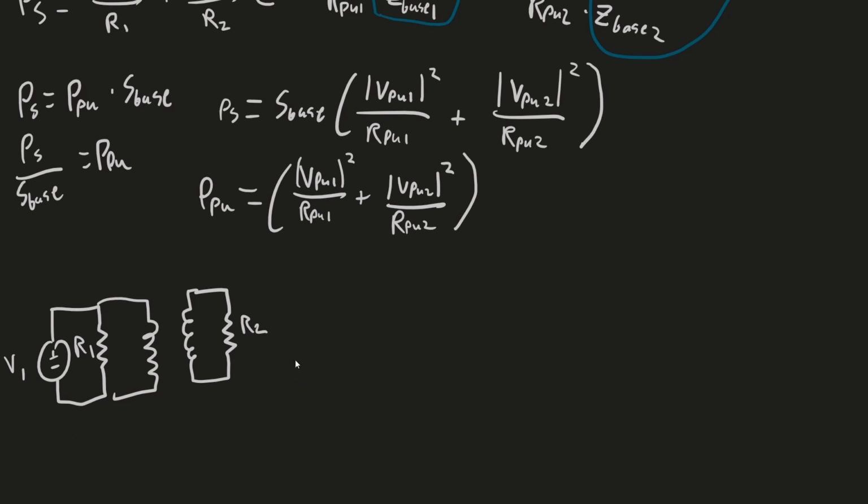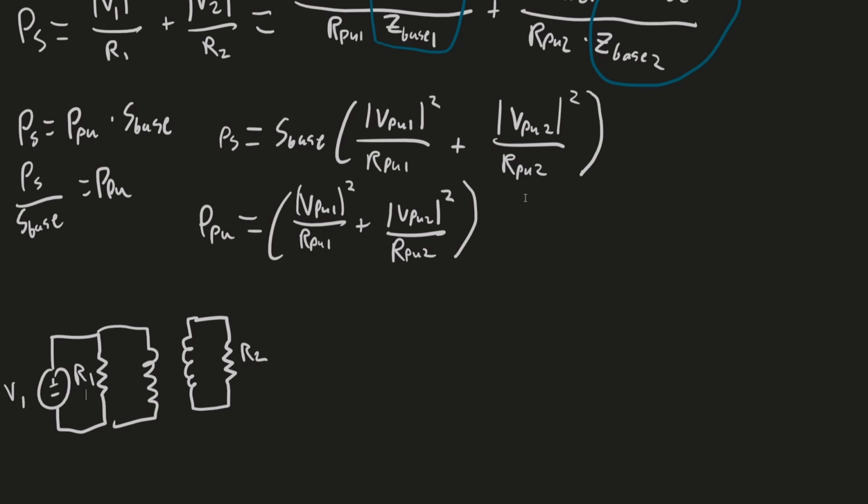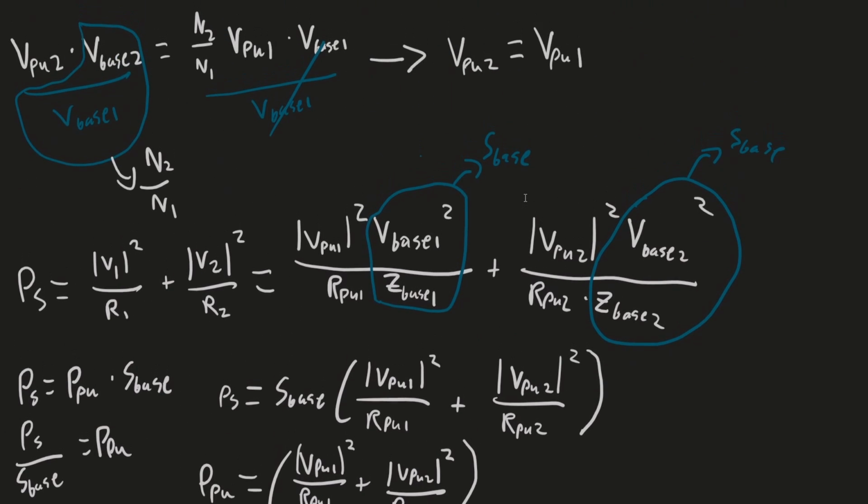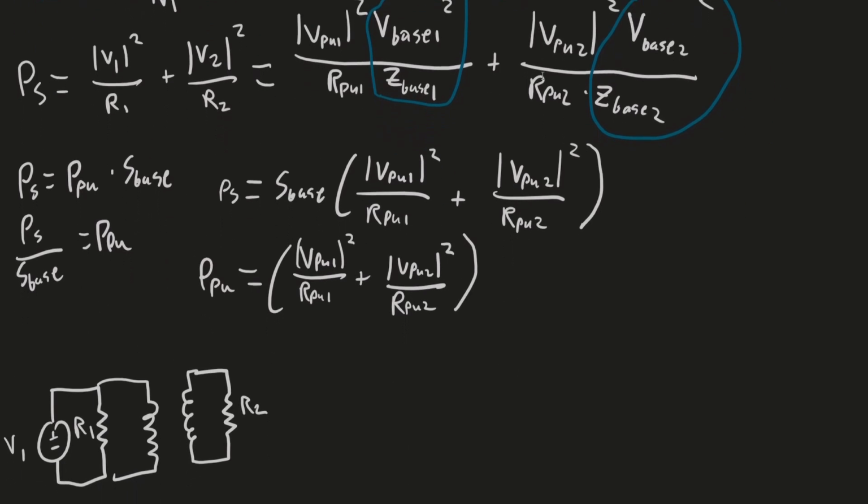This was our circuit. Now our expression for power is equal to some per unit value squared over the resistance value plus another per unit value squared over another resistance value. But now the key thing to remember is that we derived earlier that V per unit 2 is actually equal to V per unit 1.